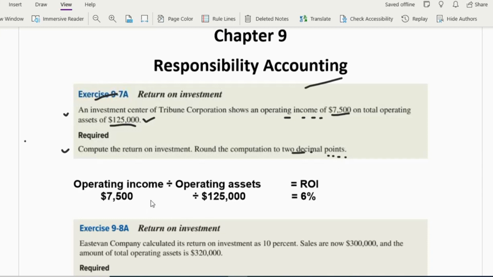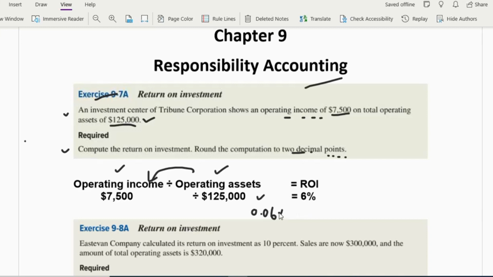So if you see over here, the formula to calculate the return on investment is the investment is in operating assets, and this operating income measures the return on the operating assets. So when we divide the operating income with the operating assets, we get 0.06, and then multiplying our answer with 100, we get 6%.